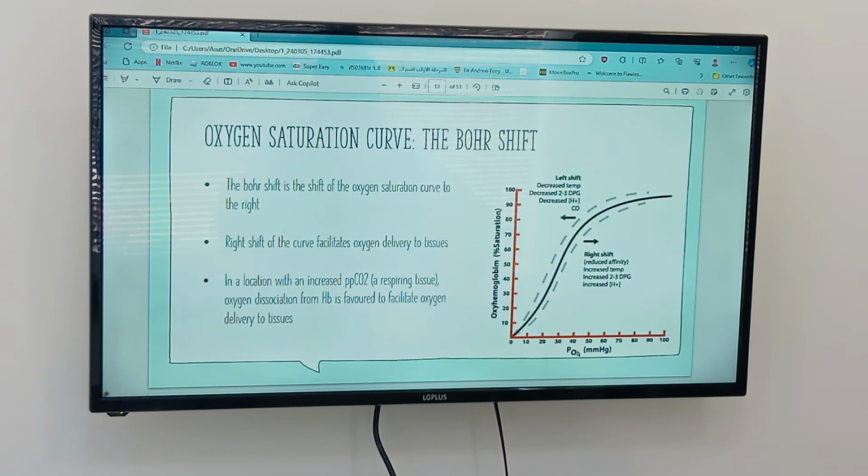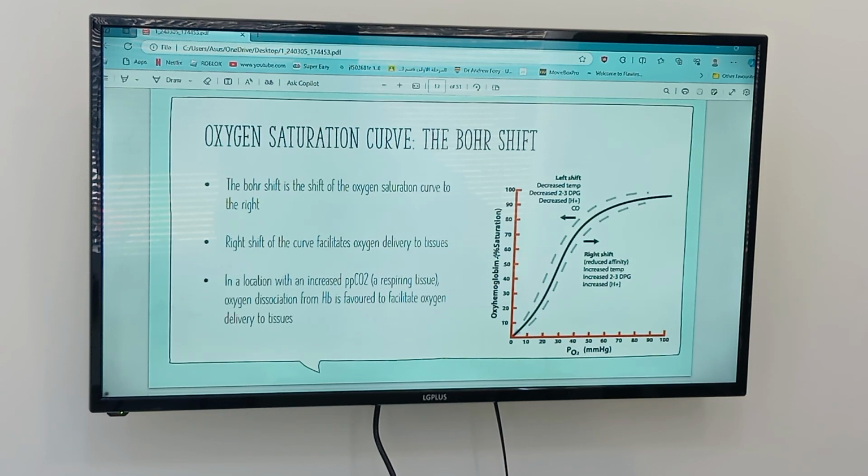It is the partial pressure of oxygen. The Bohr shift is the shift of the oxygen saturation curve to the right. A right shift of the curve facilitates oxygen delivery to the tissue, with the increase of partial pressure of carbon dioxide in respiring tissue, where oxygen dissociation from the hemoglobin is favored to facilitate oxygen delivery to the tissue.